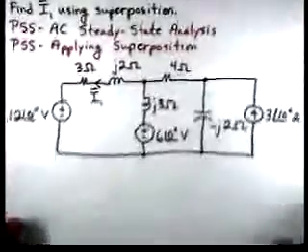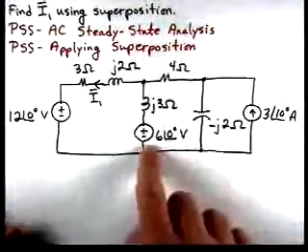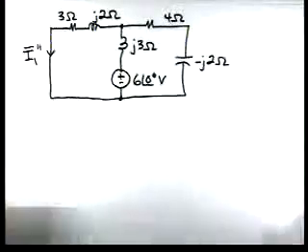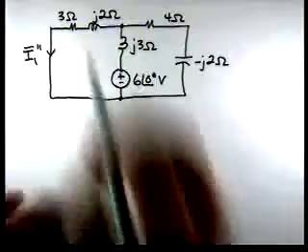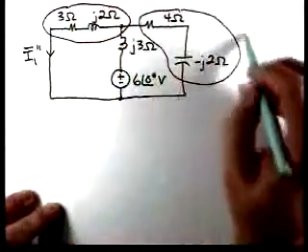Now let's turn this source off, leave this source off, and turn this source back on. Now we're going to find the contribution from that 6 at angle 0 source. The resulting circuit is shown here. Again, we can simplify. This impedance and this impedance are in parallel.